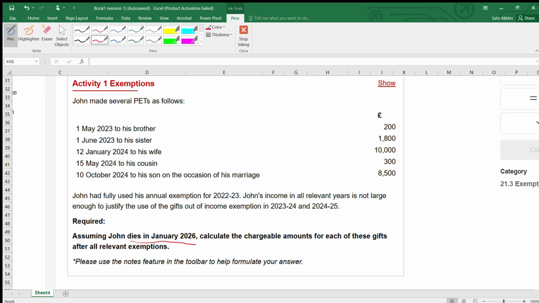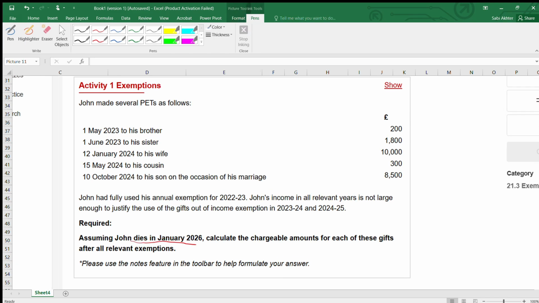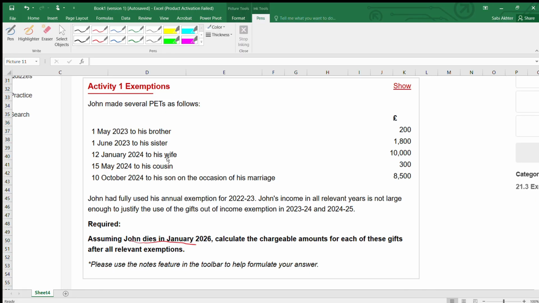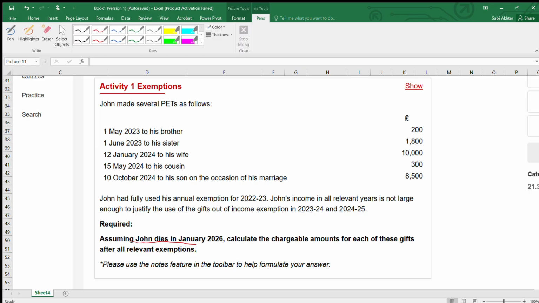So here we have brother, sister, wife. Remember, wife exemption. It is exemption. To wife, spouse exemption is there.